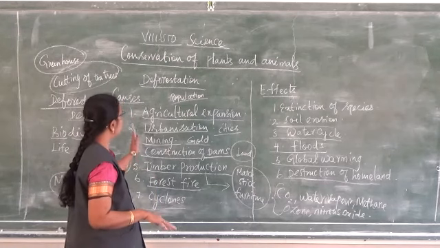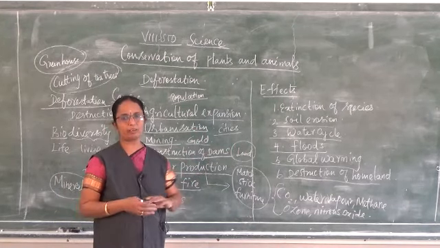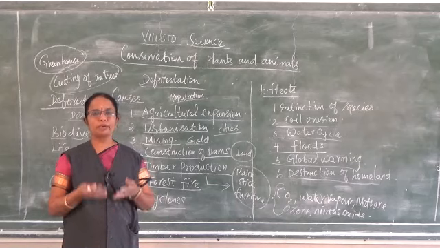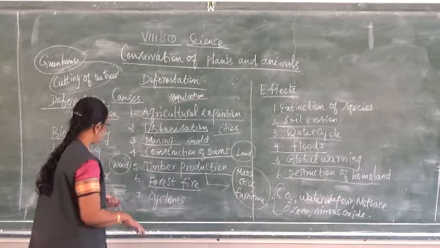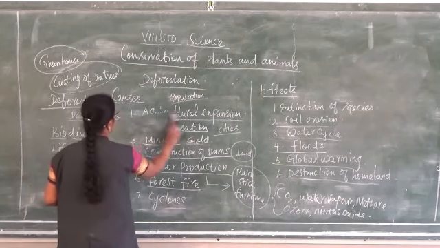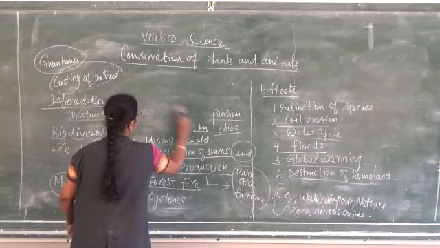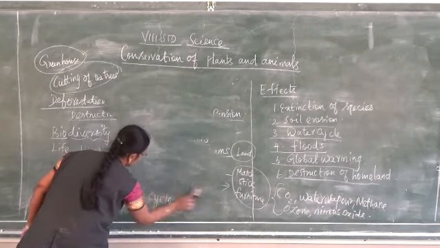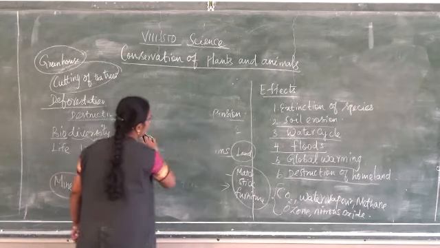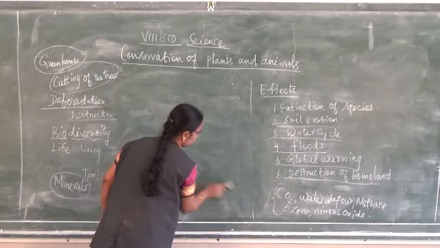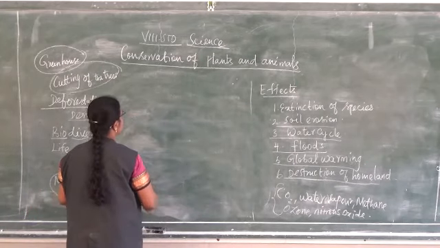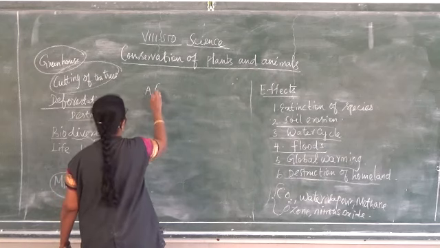So these are the main causes and effects of deforestation. So next, about afforestation. What should we do? What are the effects of afforestation? What is the remedy for deforestation? That is afforestation.